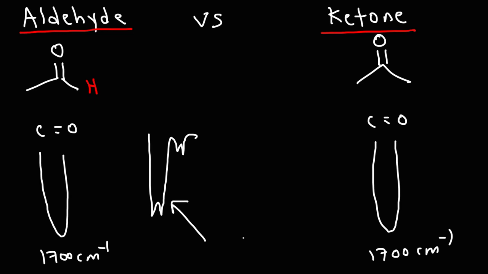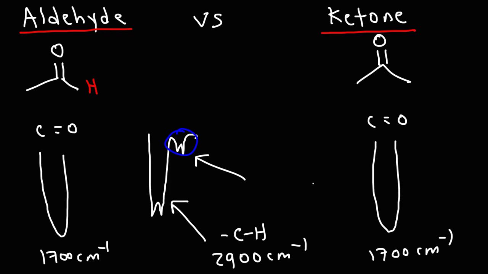This signal here is the alkane CH stretch, which typically shows up for almost all organic molecules that have a CH functional group, and that's around 2900. So you'll see that for the ketone as well. But this part here identifies the aldehyde over the ketone.